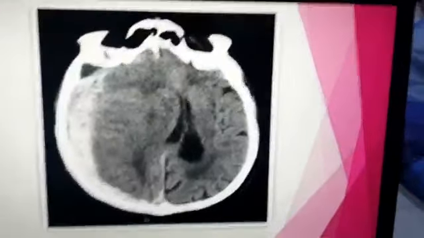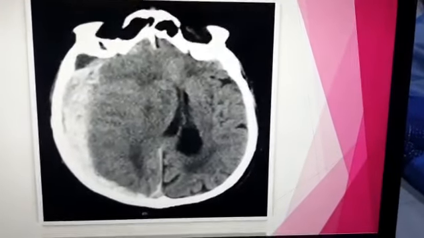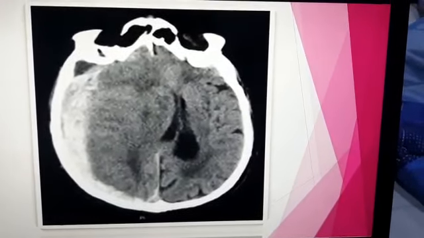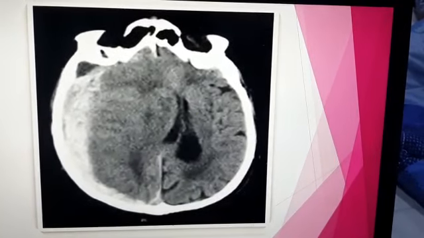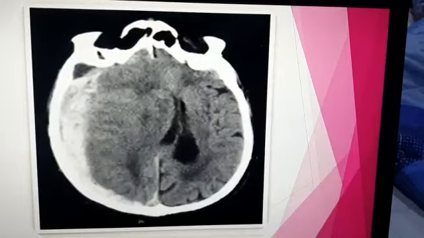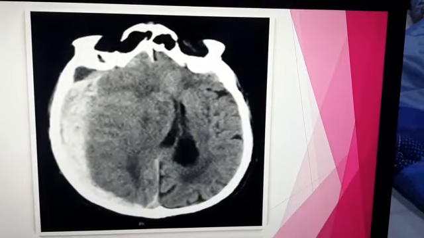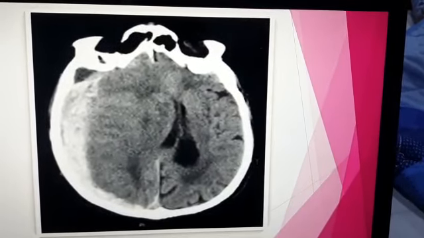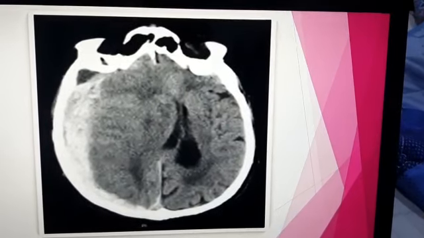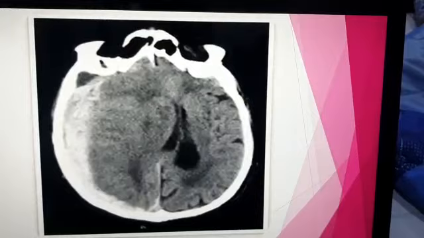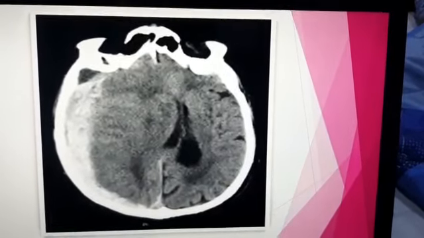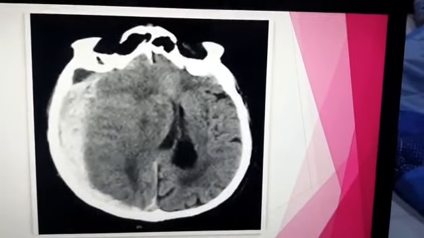As we can see here, there is effacement of the sulci, meaning there's swelling of the brain. On the left side the sulci are obvious, filled with CSF appearing hypodense, while on the right side there is effacement, absence of the sulci. This is the effect of trauma on the brain, causing compression and effacement of the sulci.